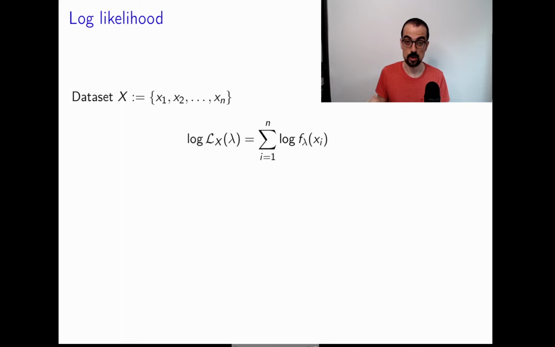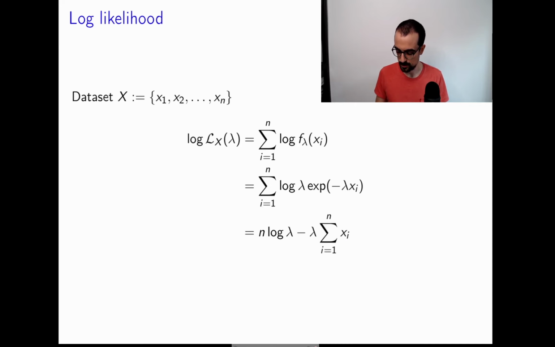First, we write down the log likelihood, so we have to plug in the PDF there. We plug it in, we get this. Remember that we have to put the data points, the actual data points that we observe, there. Now we have a sum of log of lambda e to the minus lambda xi.